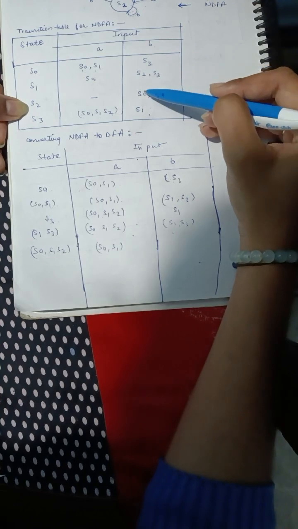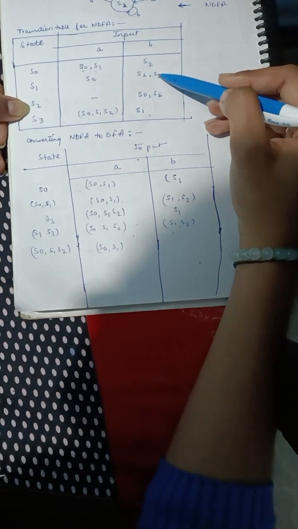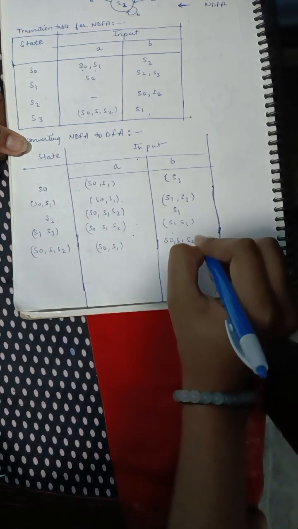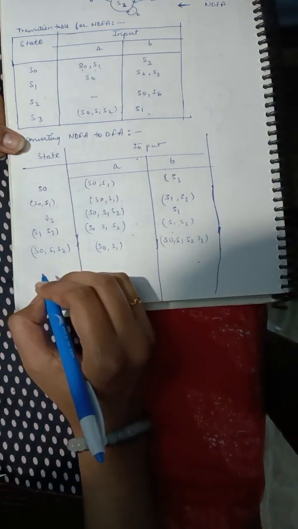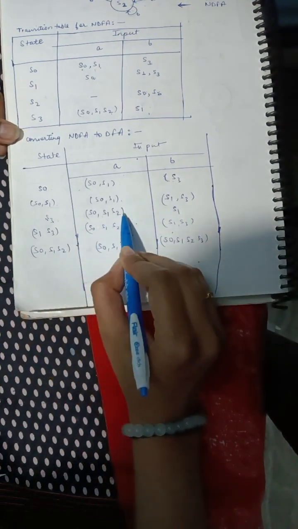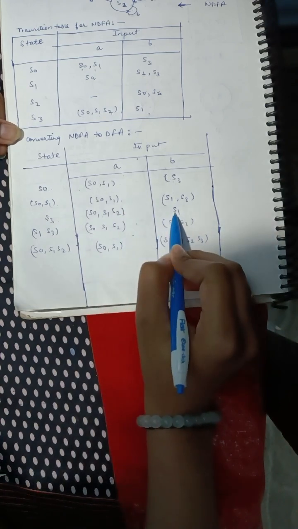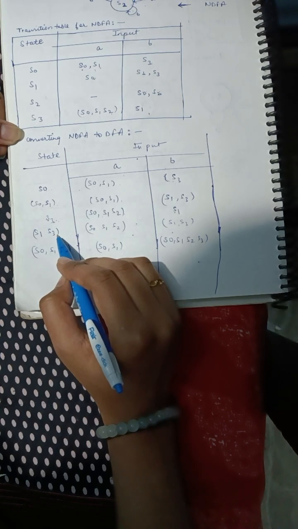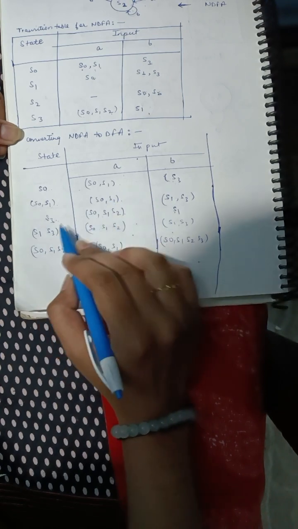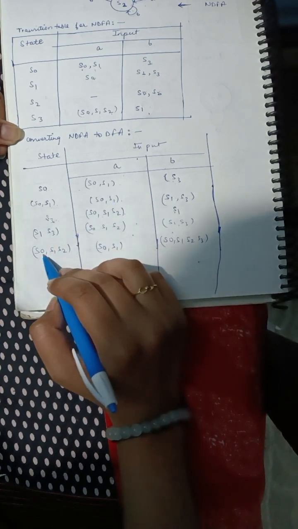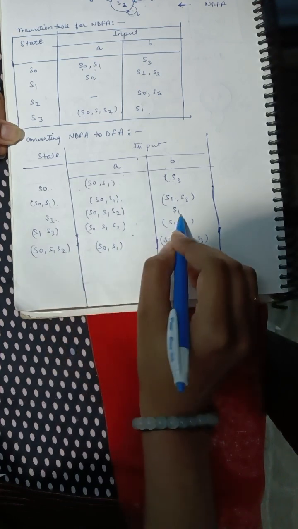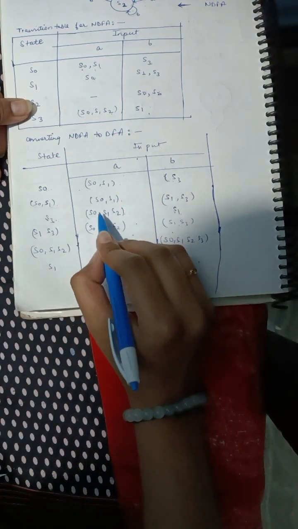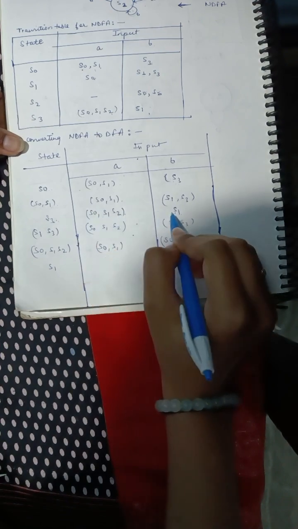Okay, so it will be S0 S1 S2 and S3. And next value that is S1, means S3 is written as it is, S1 comma S3 is written. Okay, now it will be S1, because the value after S0 S1 S2 is S1 itself.